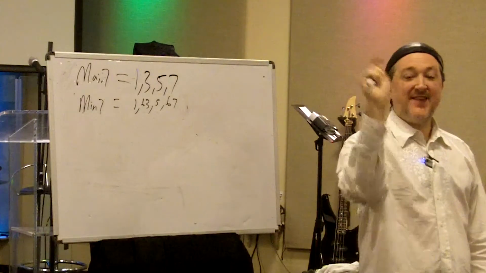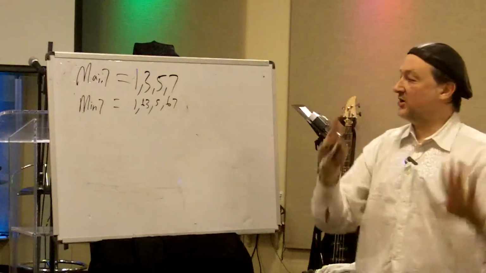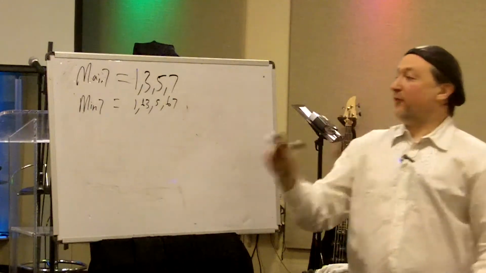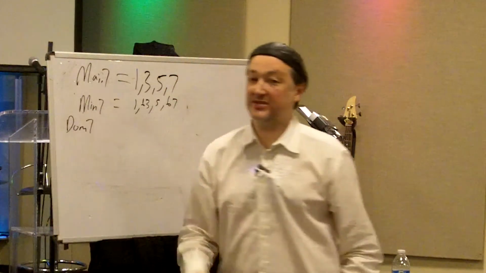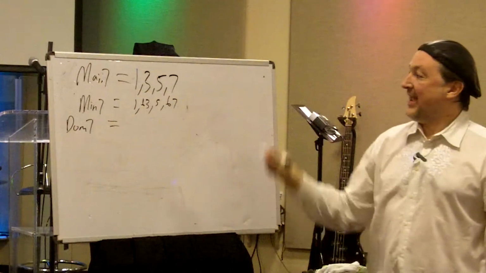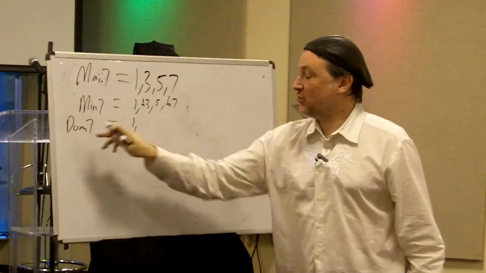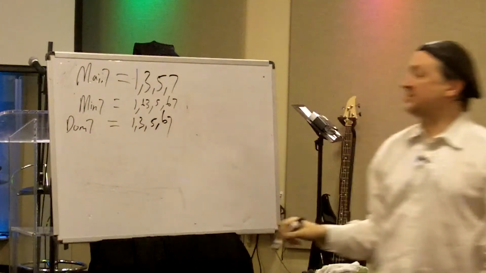Let me take it one more step, and this is the kicker, because this is the one that hopefully illuminates the whole thing, or at least should clear up some confusion. Then we have this 3rd form. We call it a dominant 7, or sometimes just a 7th chord. That formula is a shortcut for a major 3rd and a minor 7th.